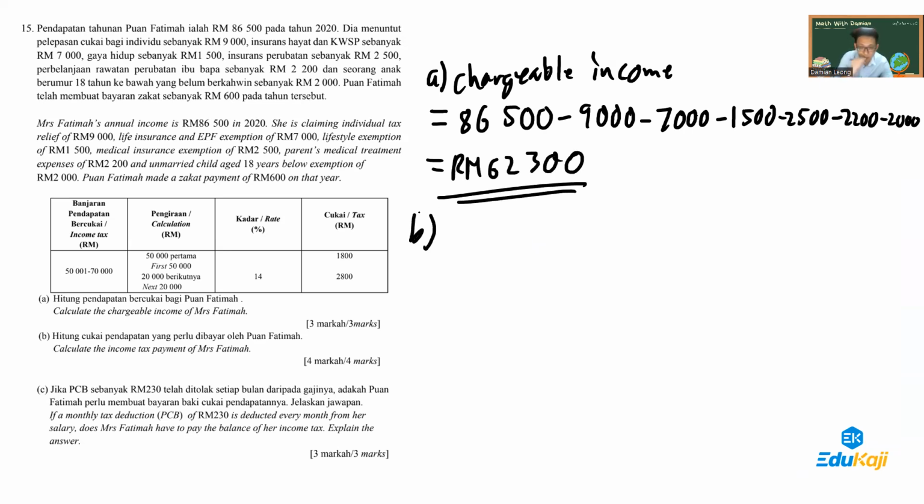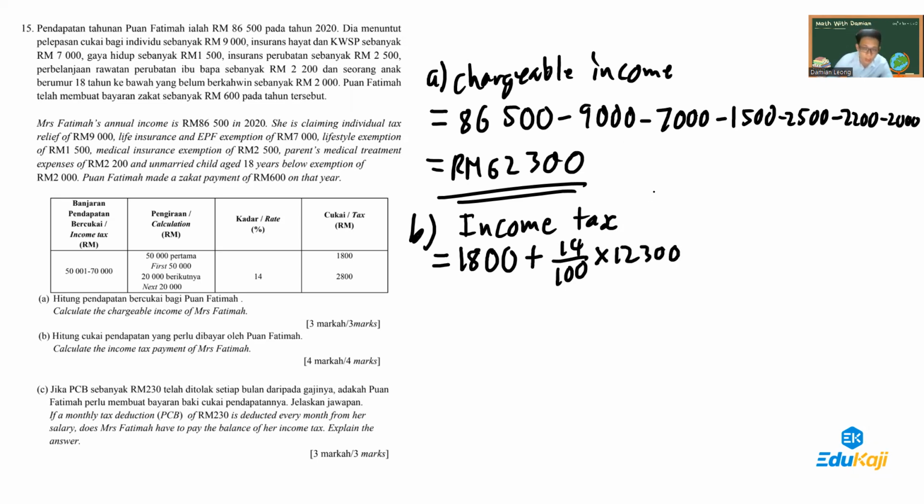That's for part A. Part B, so income tax payment. So amount of income tax will be 1,008 for the first 50,000 plus 14% for the rest of it. 14% times, after 50,000 means I'm left with 12,300.